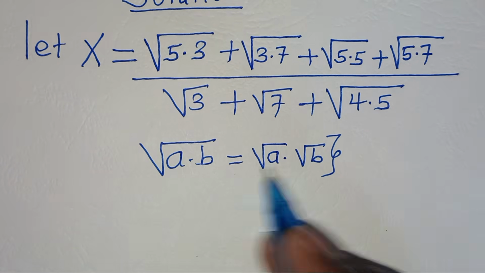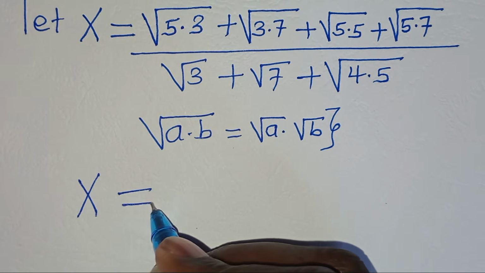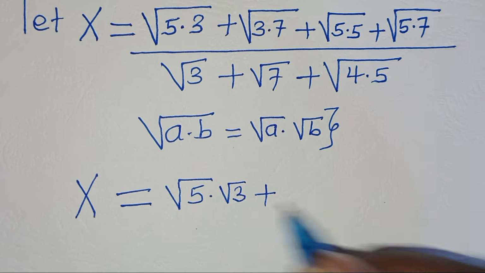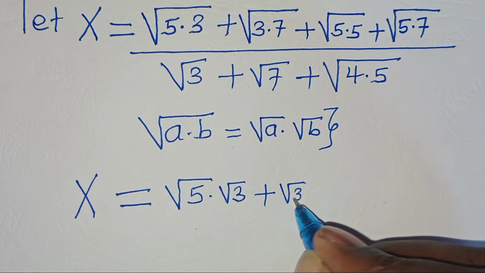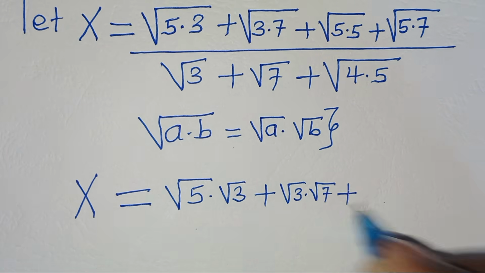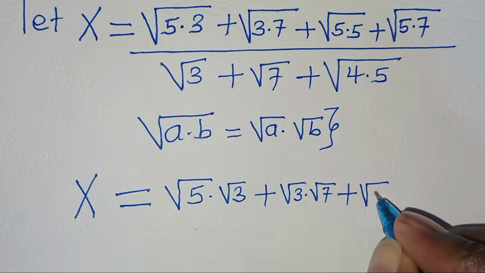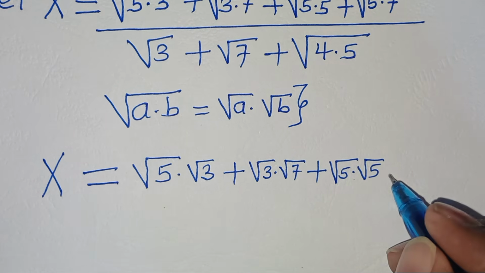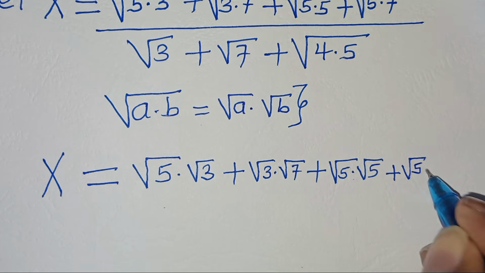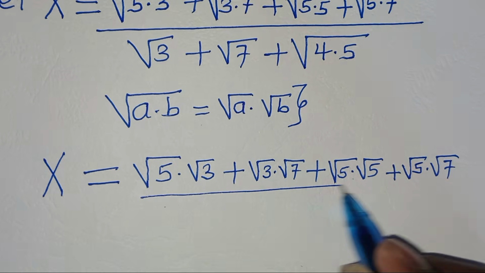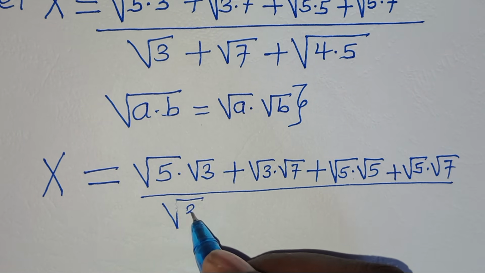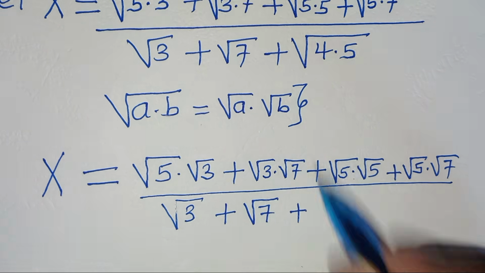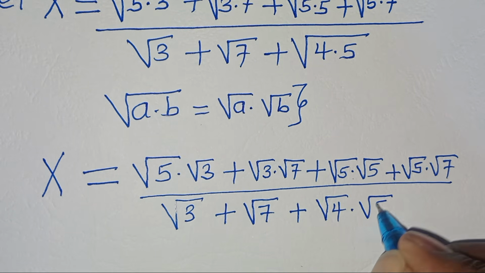Applying this property, we have x is equal to square root of 5 multiplied by square root of 3, plus square root of 3 multiplied by square root of 7, then plus square root of 5 multiplied by square root of 5, then plus square root of 5 multiplied by square root of 7, everything divided by square root of 3 plus square root of 7, then plus square root of 4 multiplied by square root of 5.